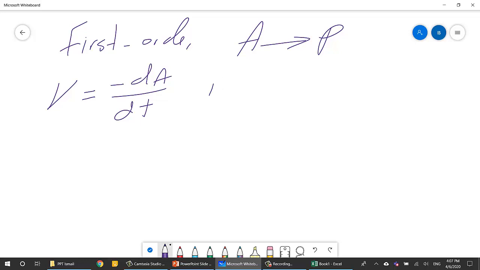I can also write the rate as Kr multiplied by A to the power 1. Why 1? Because I assumed from the beginning that this is a first order reaction.